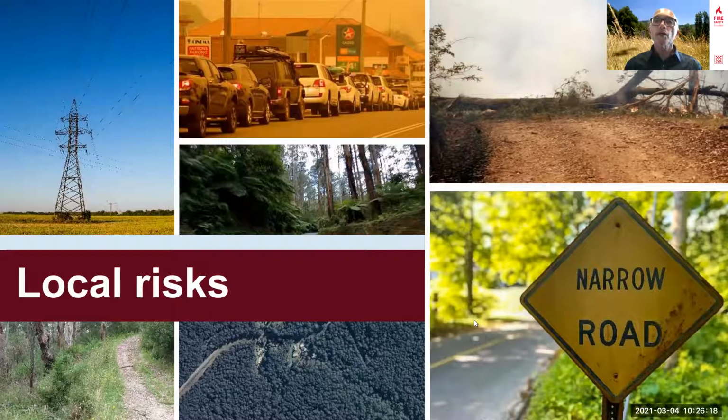All these have the potential to cause local risk. And in the event of fire safety and risk mitigation, we need to be aware that these are local risks. Not all areas have the same risks. Not all areas are high tourist locations. Not all areas have narrow, windy roads, but Wallington does. I'm going to stop sharing those results now, and thank you for those that offered their feedback there.